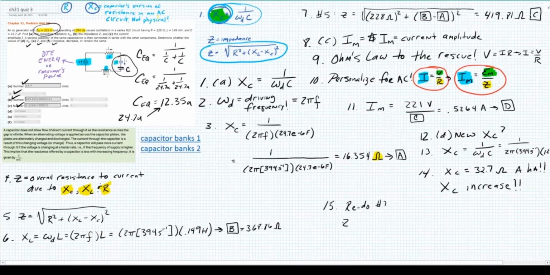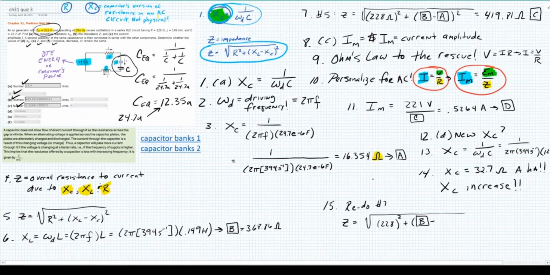So your overall impedance, and you can kind of see where this comes from, is going to equal the square root of R squared plus XL, which is unchanged. So that's still sitting there in memory location B, minus, I better store this. This is store alpha E.